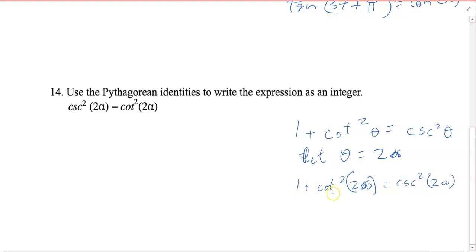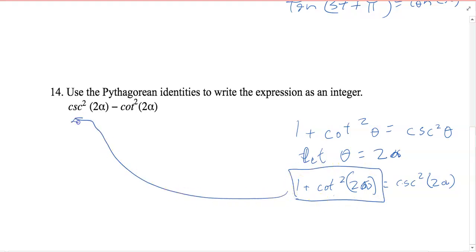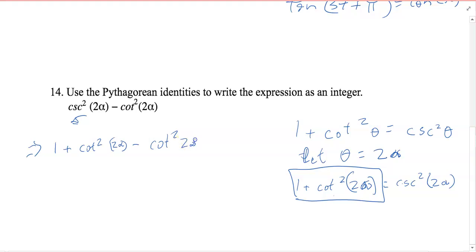If we plug in 1 plus cotangent squared 2 alpha for cosecant squared 2 alpha, then we have 1 plus cotangent squared 2 alpha minus cotangent squared 2 alpha, and these two undo each other, so they drop out. So our final answer is equal to 1.